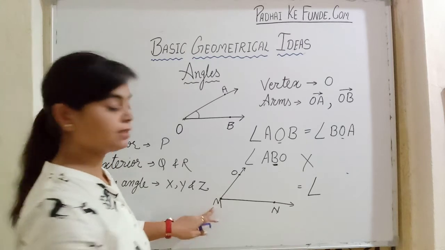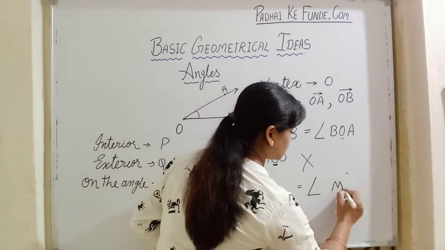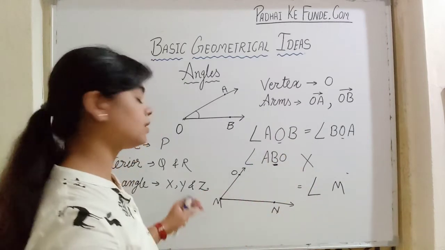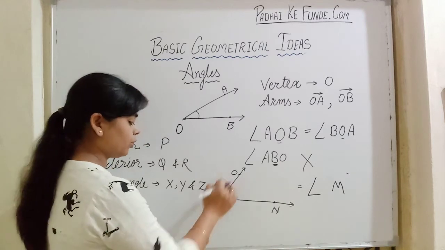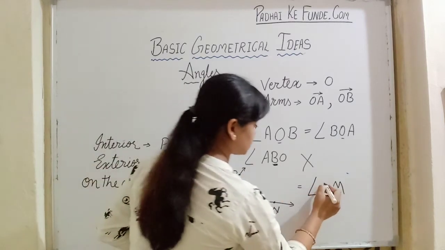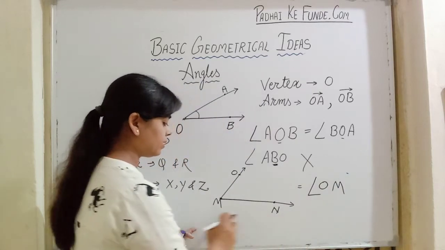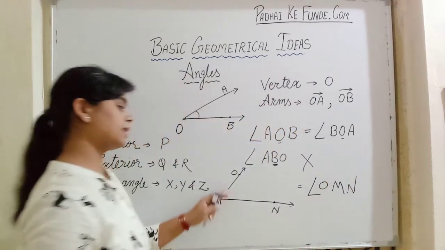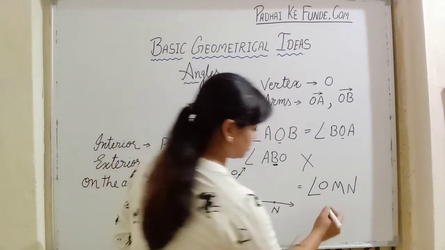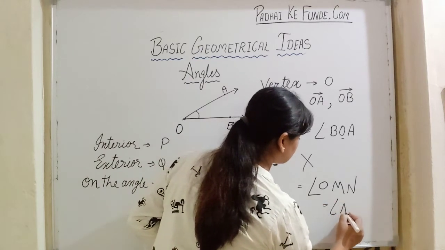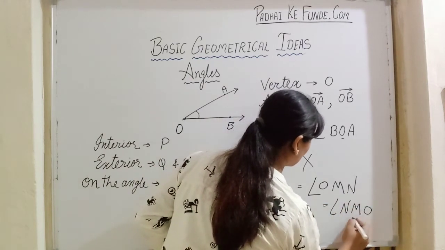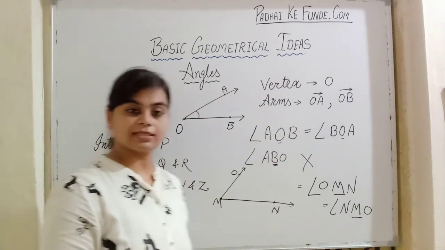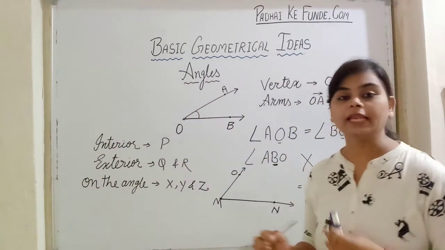Then at the center, the letter at the vertex, which is M, and on either side the letters coming from the arms. MO: M we have taken at center, so that is O. MN: M again at the center, so that is N. So this angle name is angle OMN or angle NMO. What matters is the center position, that is the position of the vertex. So that is the manner to name any given angle.